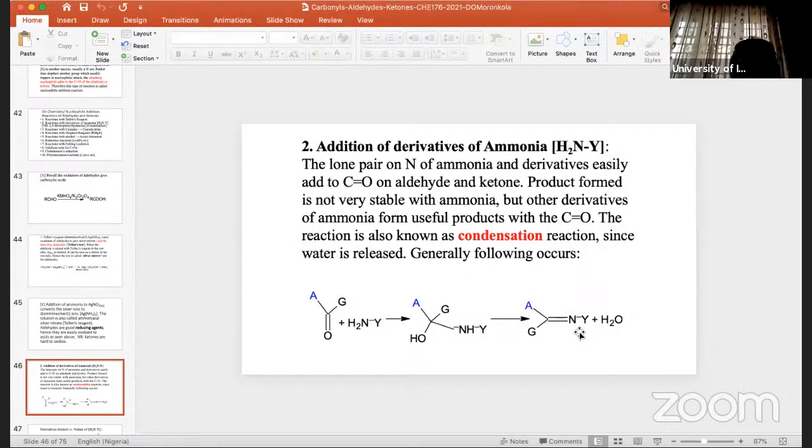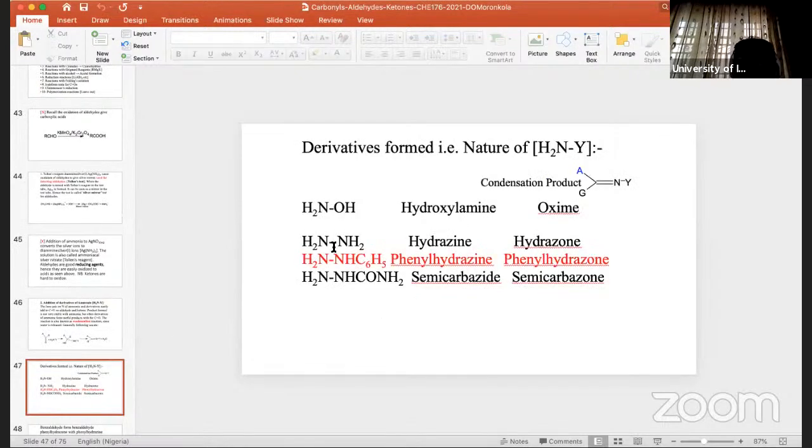The product formed is not very stable with ammonia, but other derivatives of ammonia are capable of forming very important products with the carbonyl. So the reaction is also referred to as condensation because of the water molecule that is being released here. Now I'll give you some examples of what our derivatives could be, that is different Y's here. When the Y is an OH, we refer to that reagent, the ammonia derivative, as hydroxylamine.